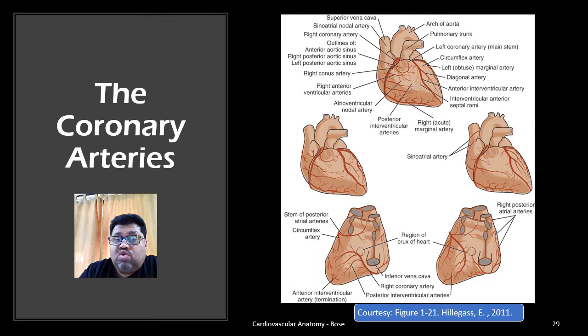Occlusion of a coronary artery produces an infarction, which is basically death of the myocardial cells in a defined region of its supply within the heart. Right coronary artery occlusion causes inferior or posterior infarctions and affects the functioning of the SA node in the right atrium.